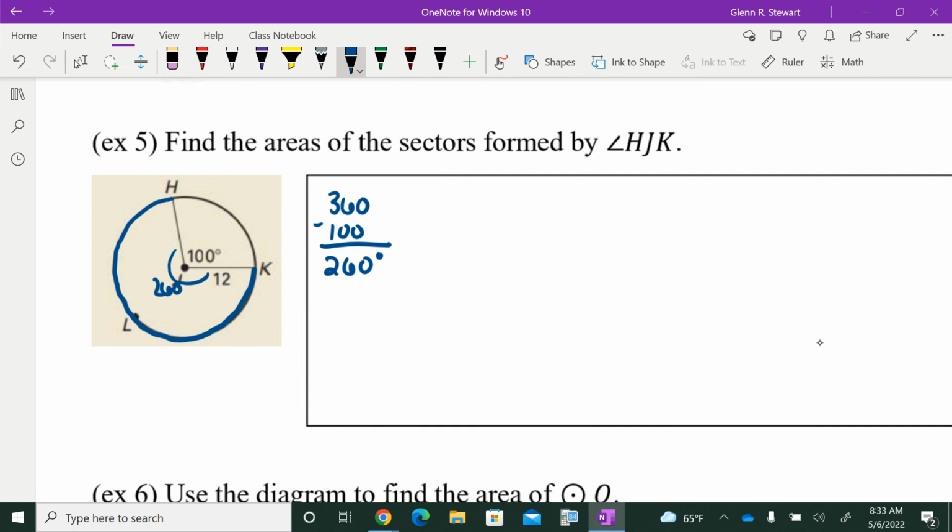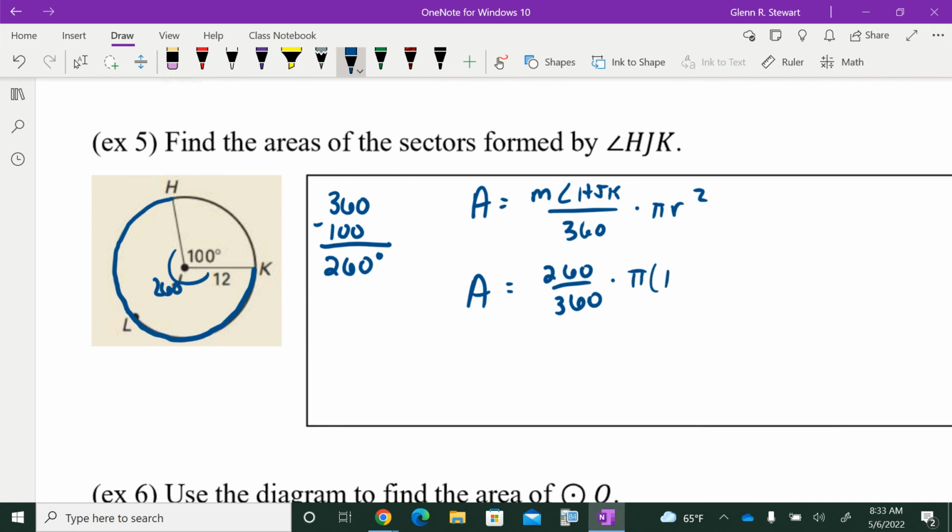Now that we know that, we can plug that into that formula. We've got the measure of angle HJK. I'm just rewriting the formula over 360 times pi r squared. So the measure of the angle is 260 degrees over 360 times pi times 12 squared.